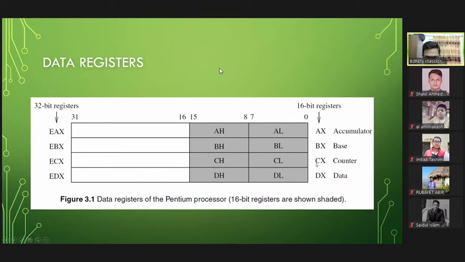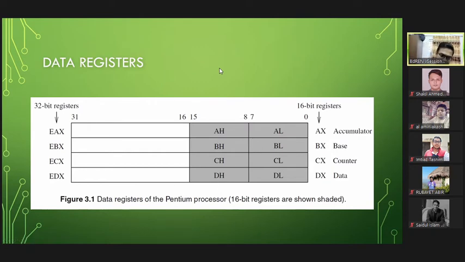The same way, BX, CX, and DX, the first 16 bits from 0 to 15. If you want to use the first 8 bits or the second 8 bits, you can also do that. In that case, you have AL and AH. AL means the lower part of the accumulator, AH means the higher part, low and high. The same way, AL, BL, CL, and DL, AH, BH, CH, and DH. Individually, you can use them.